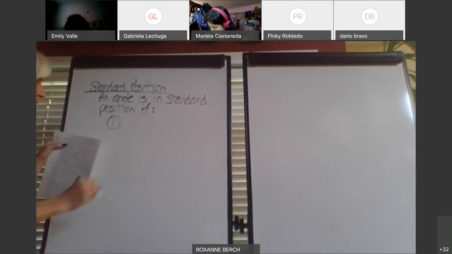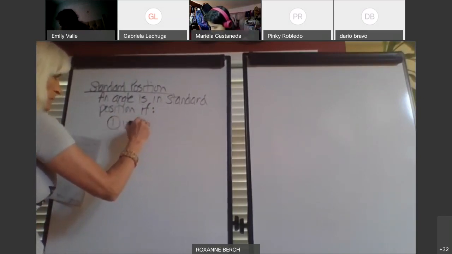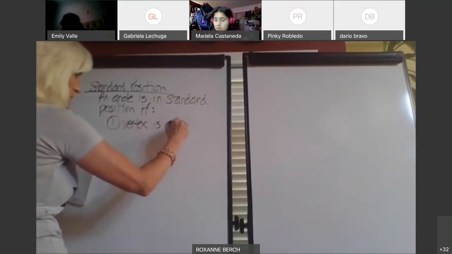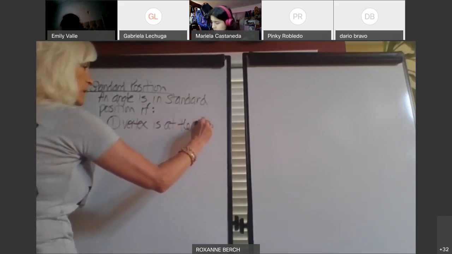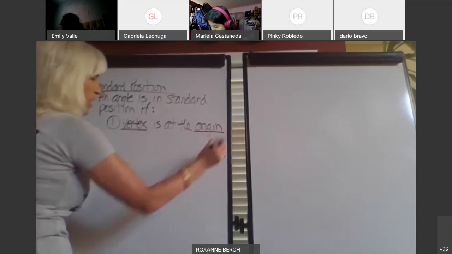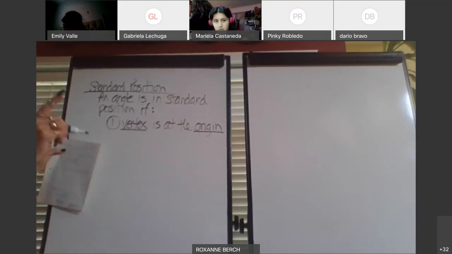The first condition is, like I said before, the vertex is at the origin. The keywords here are vertex and origin, which is 0, 0. So for an angle to be in standard position, the vertex must be on the origin.